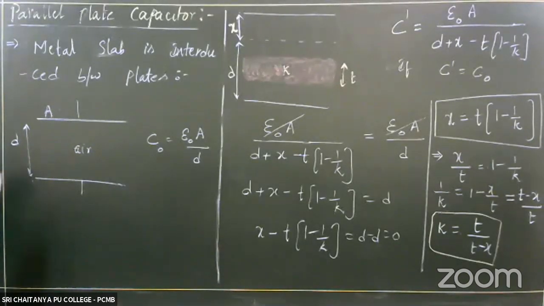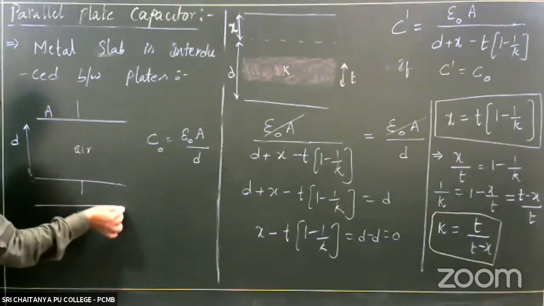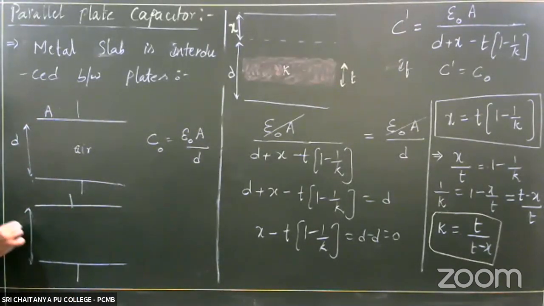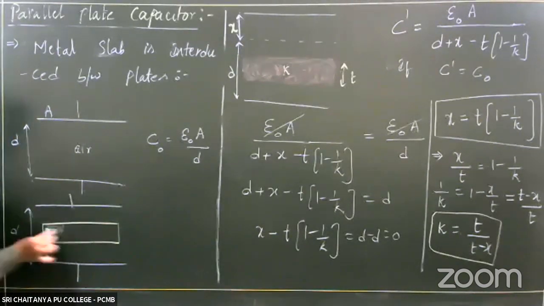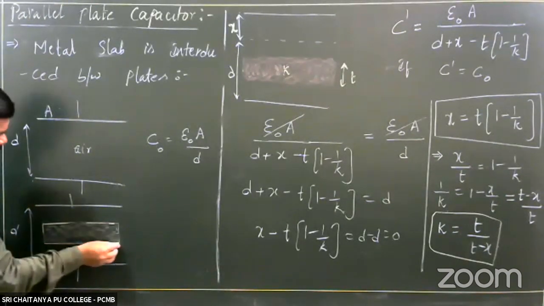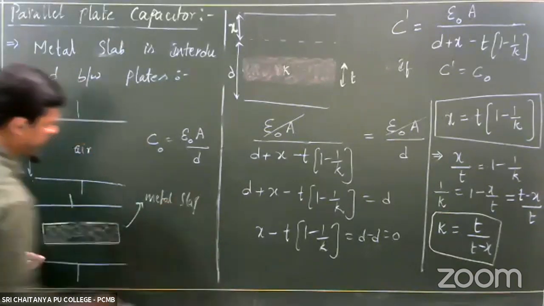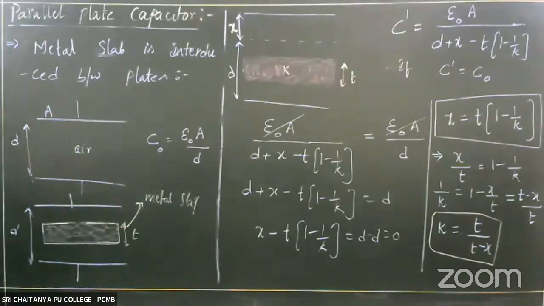Now, when a metal slab of thickness T is introduced between the plates, with the same separation D, what happens to the capacity?